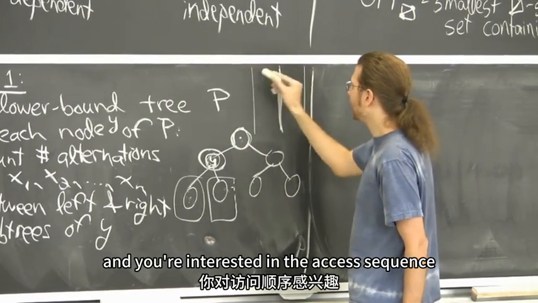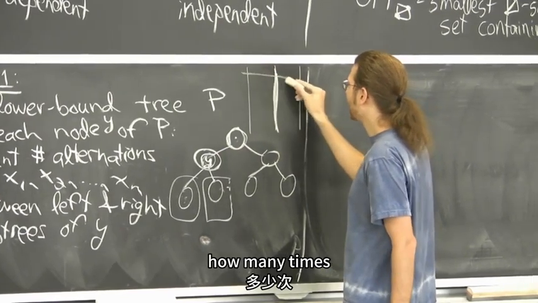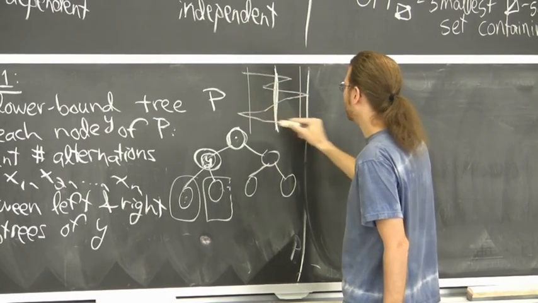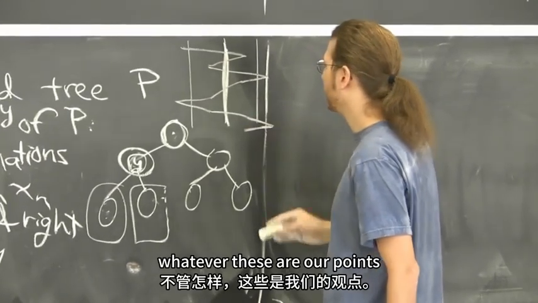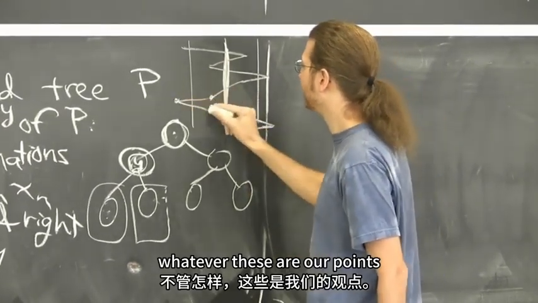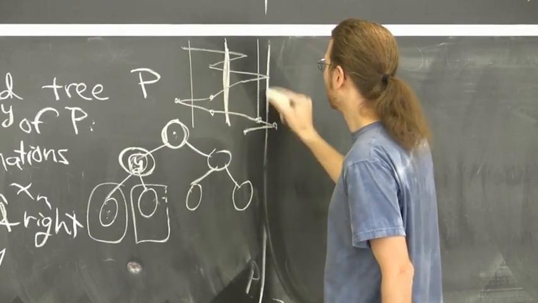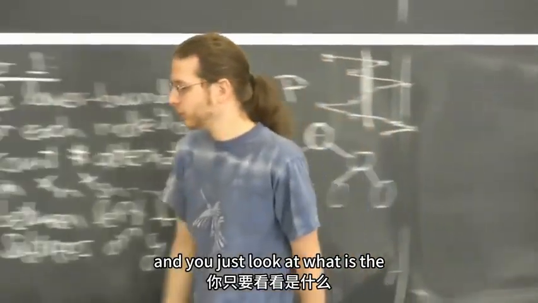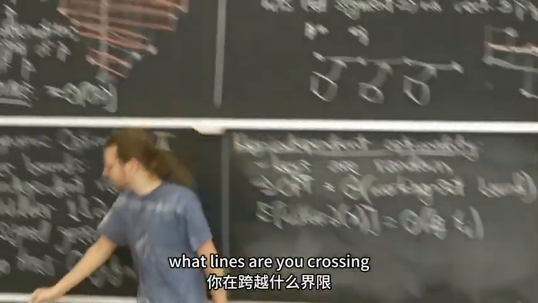And you're interested in the access sequence, so let's do some kind of access sequence like this. Whatever. These are our points. And you just look at what lines you are crossing.